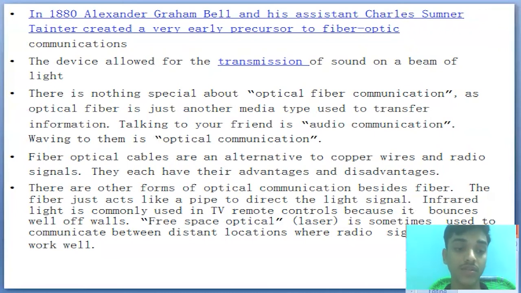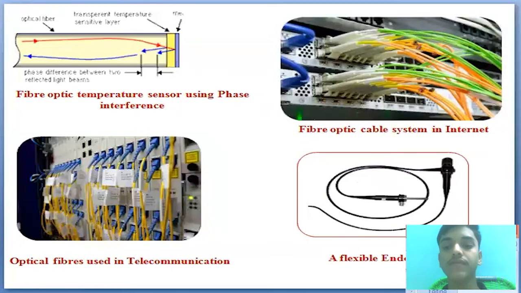As you have seen in the second diagram, these are the optical wires, these are the connectors, and this is the generator and machine. This is the fiber optic cable system in internet. Then a flexible endoscope: nowadays laser treatment has come, which is optical but in a different way.